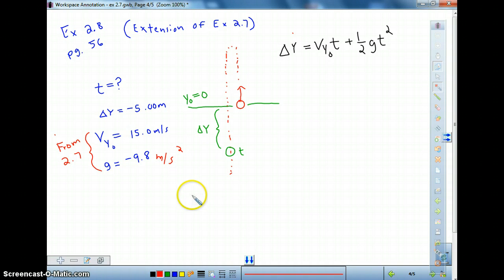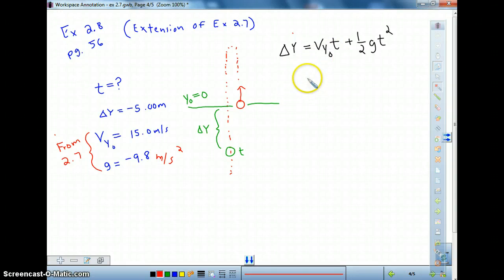And like always, we go to our four uniform acceleration equations tweaked for free fall, and we should quickly see that this second formula is the only one that's going to work for us. But we've got a little bit of a problem as far as ease of solving.